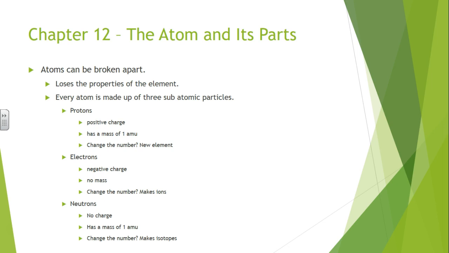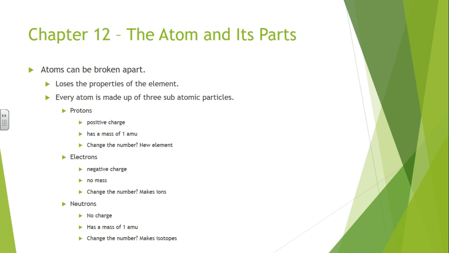The parts that make up these atoms are called protons, neutrons, and electrons. Almost every atom is made up of some combination of these particles. The first one is the most important one, and it's a proton.